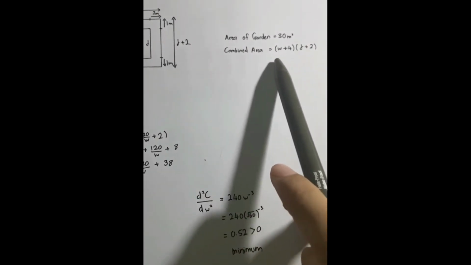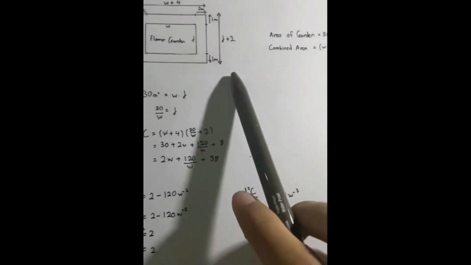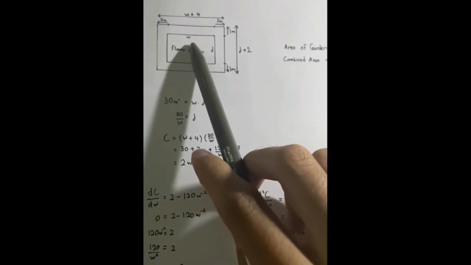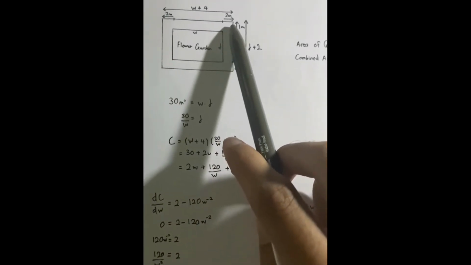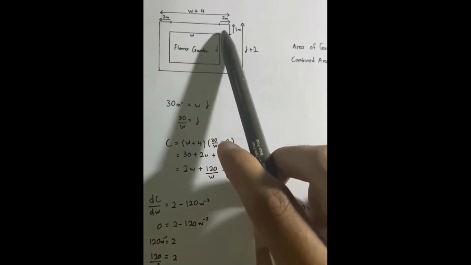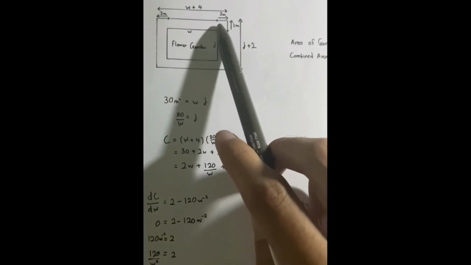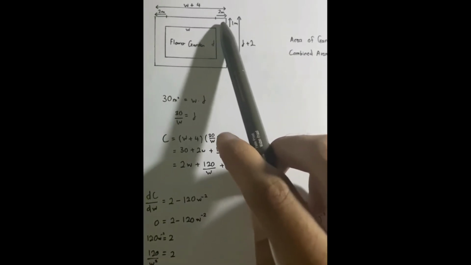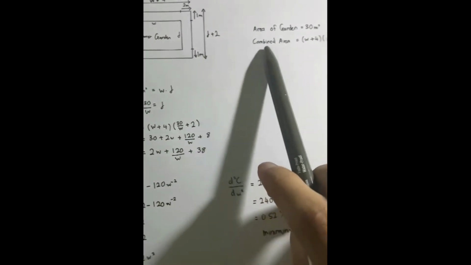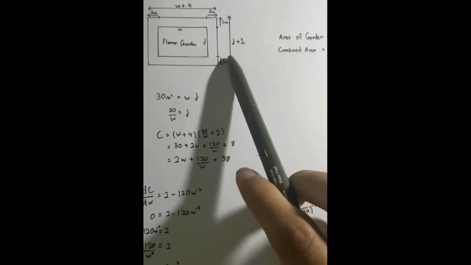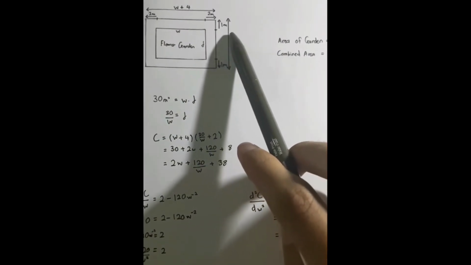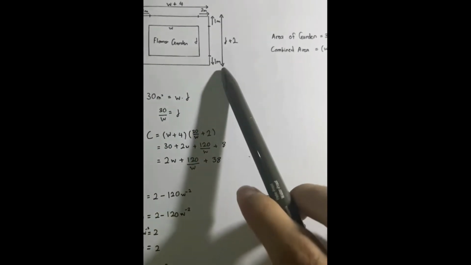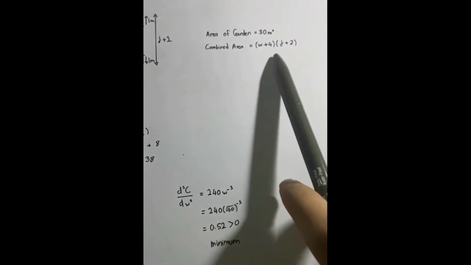So it is W plus 4, this W plus the 2 meter border wide on each side, and the length, the L plus 2, this length plus the 1 meter wide borders.